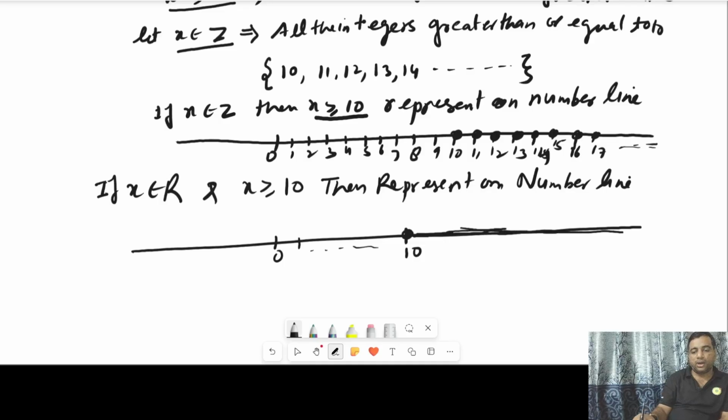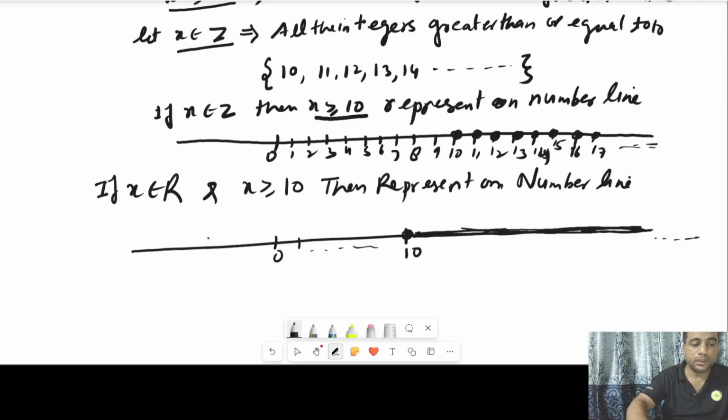So this whole region will be included. Here the minimum real value of x is 10 and all other values are greater than 10. So this is the representation on the number line. This is your basic concept of inequality: two types, first less than or equal to, and second greater than or equal to.